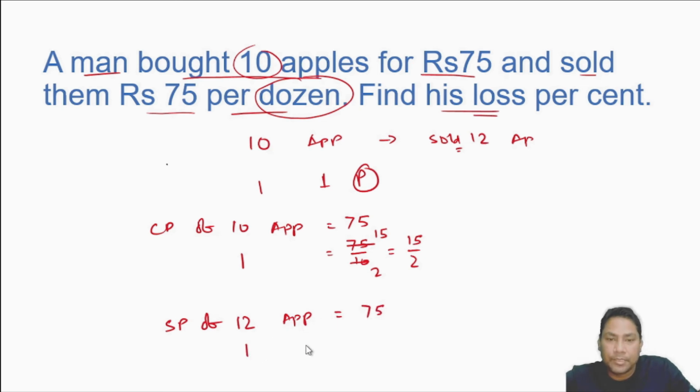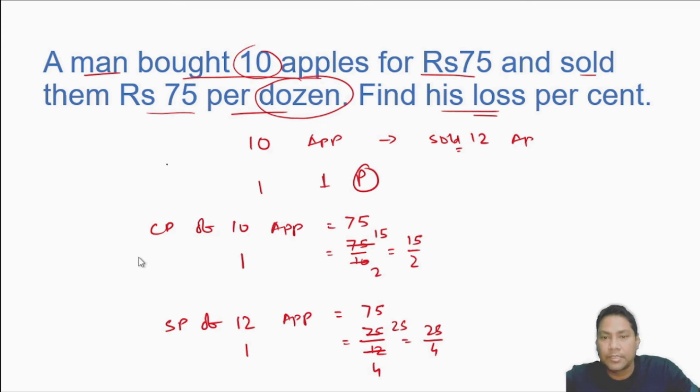For one apple, 75 divided by 12. We will divide it by 3, that gives 25 by 4. So we have the selling price and the cost price.